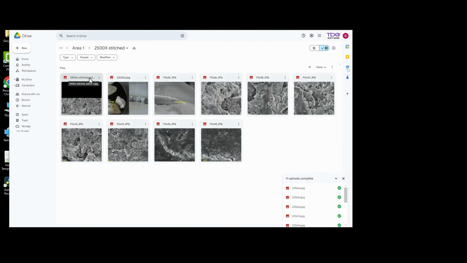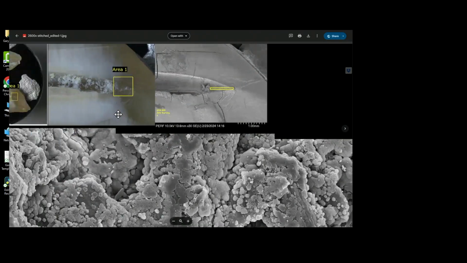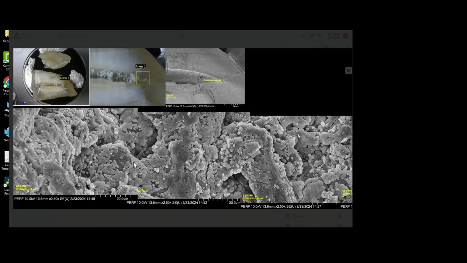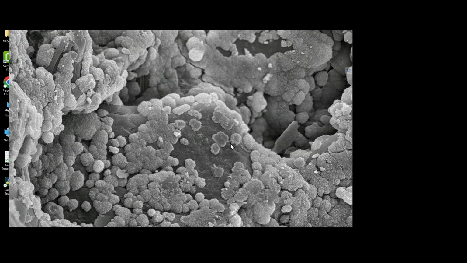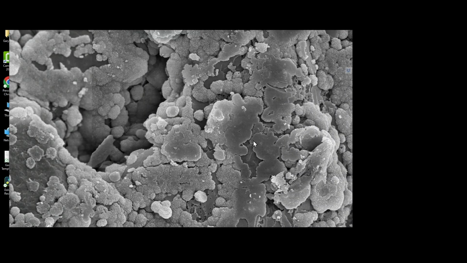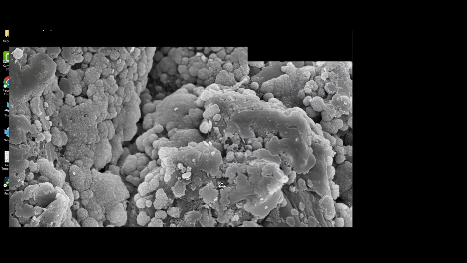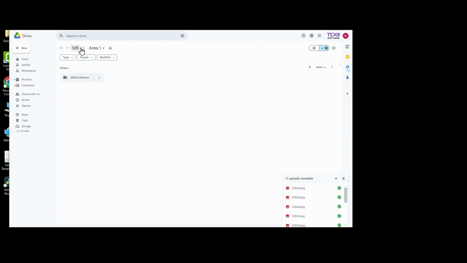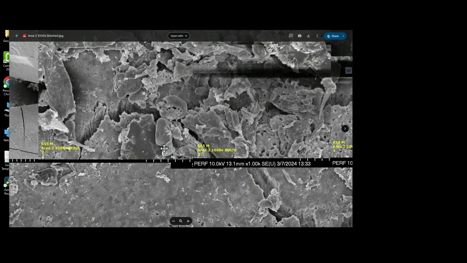When you go into the mesiobuccal root, you get a very similar appearance, a partially demineralized predentin layer. And here you get a very good sense for the demineralization of that predentin because you can see stages of demineralization of the predentin taking place. But again, very little action, it looks like, from the bleach.